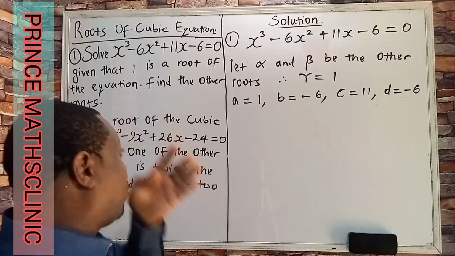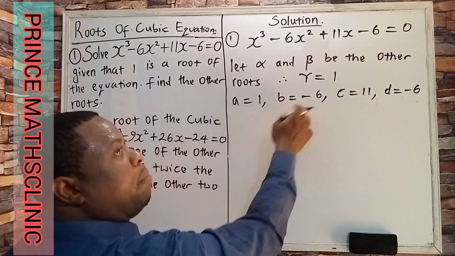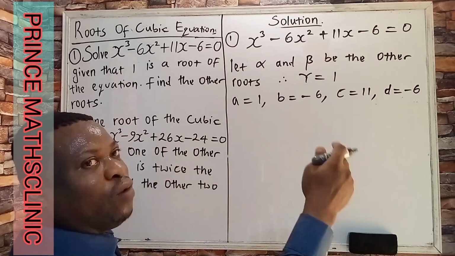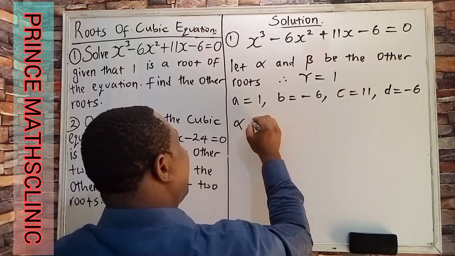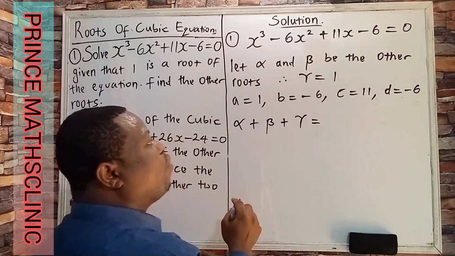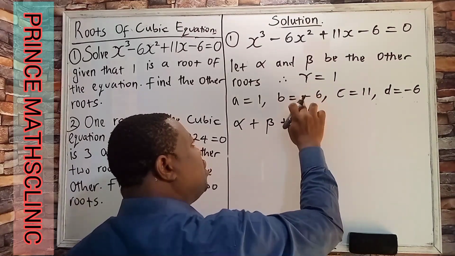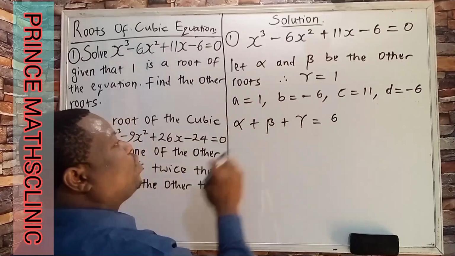From what we know, alpha plus beta plus gamma equals negative b over a. Negative b is negative times negative, which turns to positive 6, over a, which is 1. So 6 over 1 is still 6.